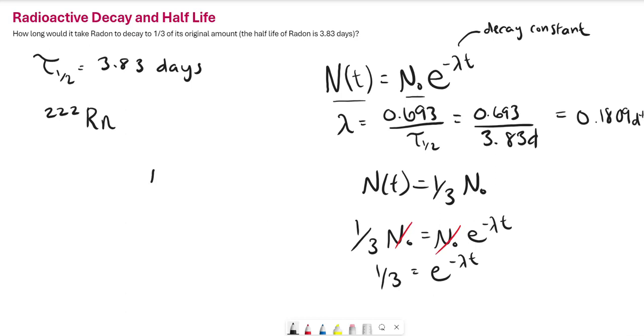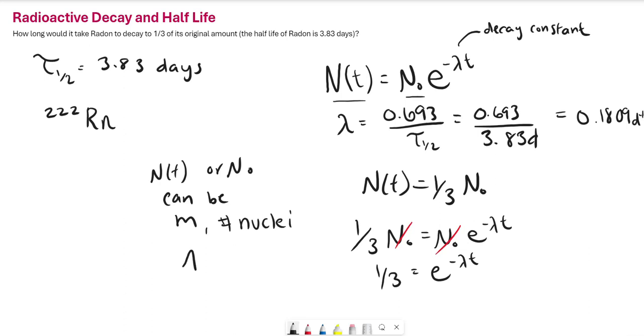N of t, or N naught, can be the mass, so the original mass of radon that you have. It can be the mass of radon-222, or it can also be the number of nuclei.